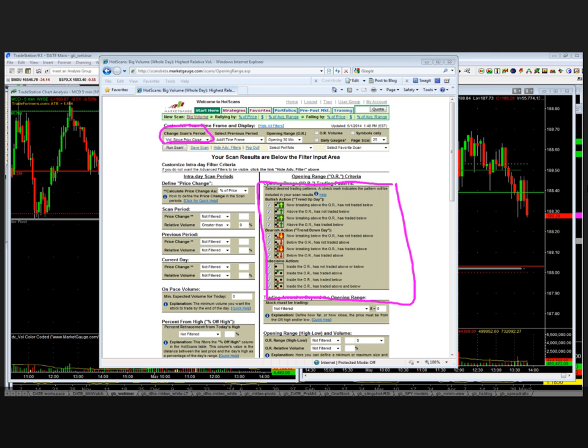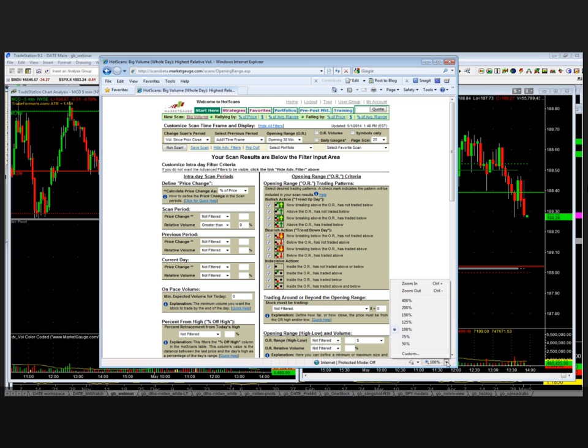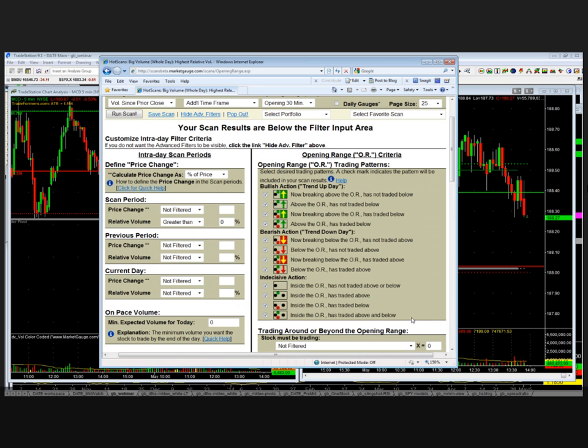You also can find a video, the basic video on hot scans will walk you through what this means, but I'll do it as well right now because understanding this pattern here makes hot scans a heck of a lot more powerful, right? So you've got the black dot on the left, it's always going to be there, represents the opening range. If you've got a green dot, it means at some point you have traded over the opening range.